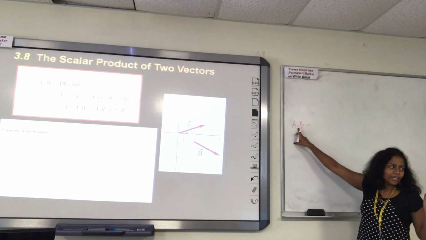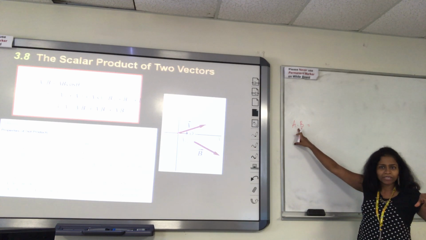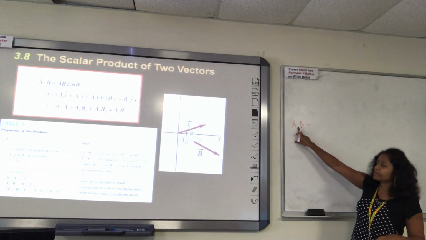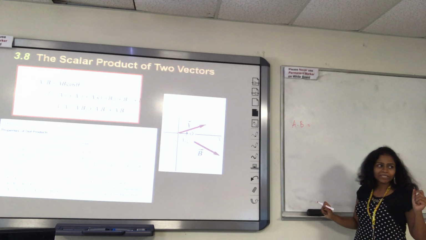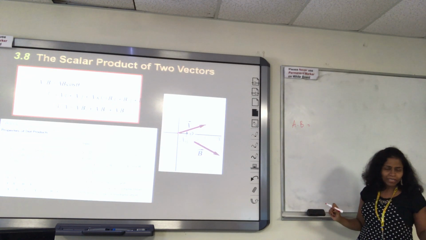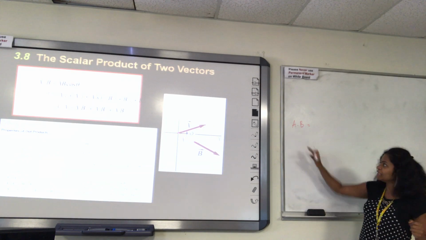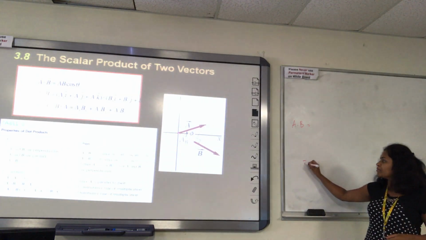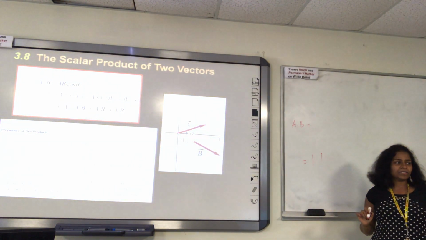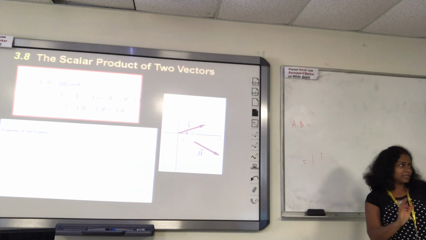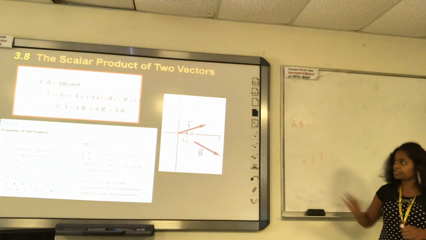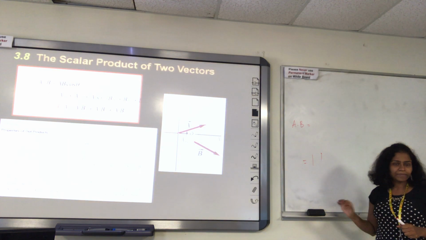There is a difference if you put a dot or a multiplication mark, so make sure that you put a dot right here, and this dot means it's a scalar multiplication or scalar product. It's just going to give you how much the magnitude would be. It's not going to tell me the direction, just the magnitude of it.